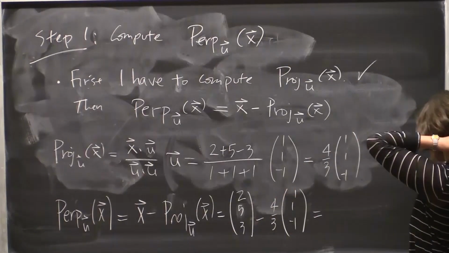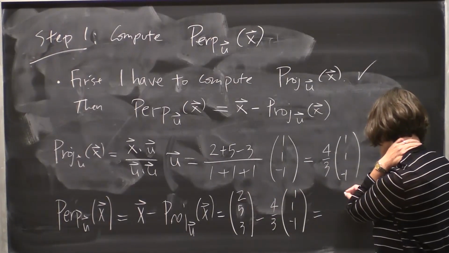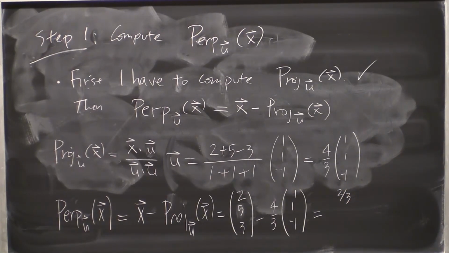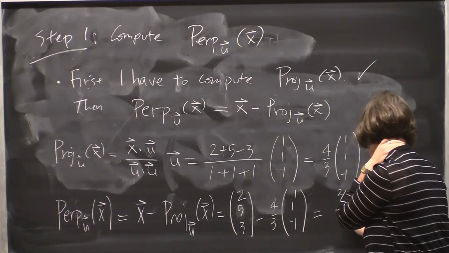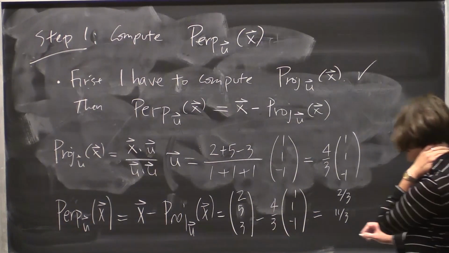So 2 minus 4/3 is 6/3 minus 4/3, which is 2/3. 5 minus 4/3 is 15/3 minus 4/3, which is 11/3. 3 plus 4/3 is 9/3 plus 4/3, which is 13/3.